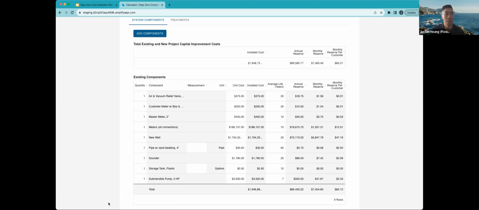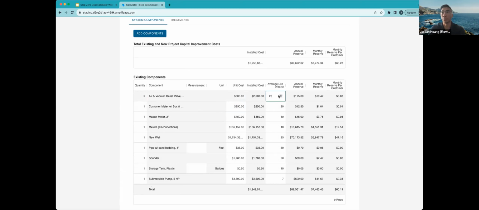So yeah, after adding it to the table, you can edit the white columns. The gray ones are disabled, but quantity, you can adjust the unit cost if you have a better idea of it.